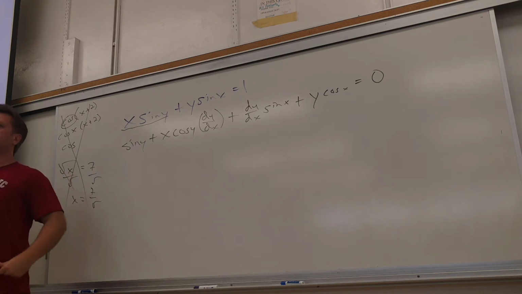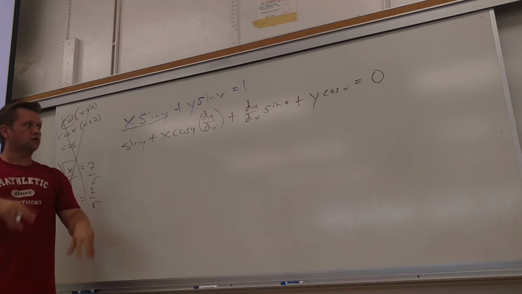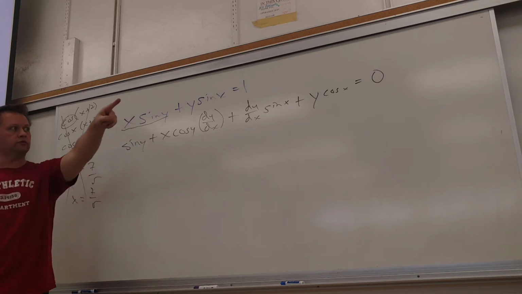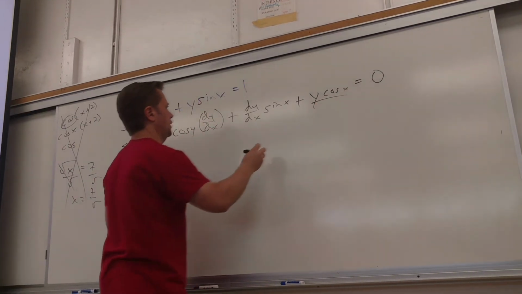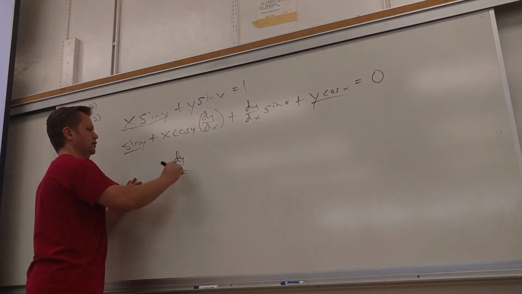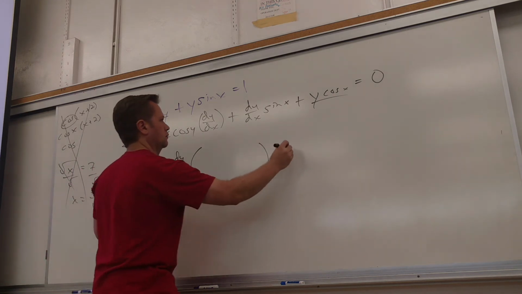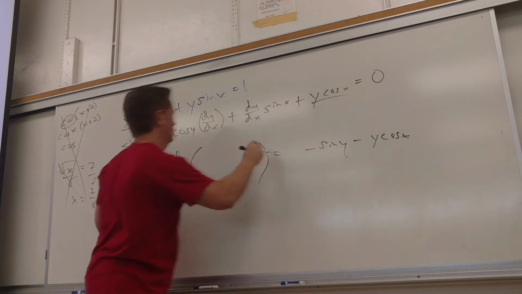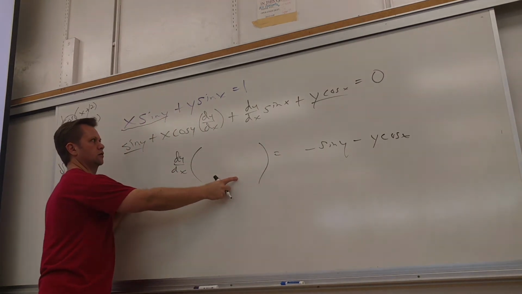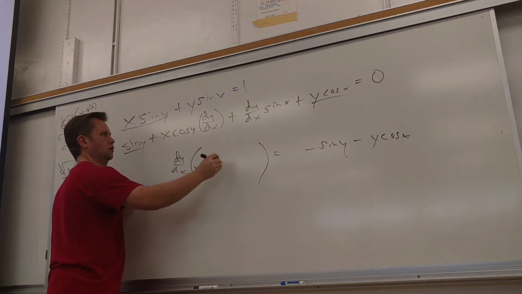dy/dx is a variable in a way, right? So then you can solve for it. So what do I want to move over? Sine y and y cosine x, and in the process I can take dy/dx out. What's in here? x cosine y plus sine x.